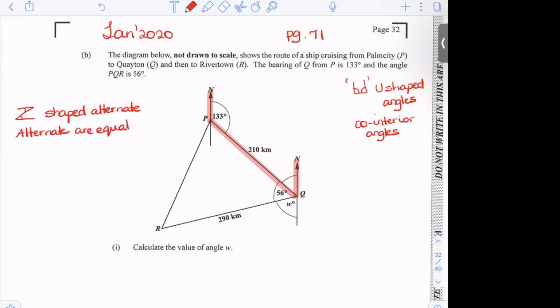Write that for me. U-shaped are called co-interior, and they are supplementary.